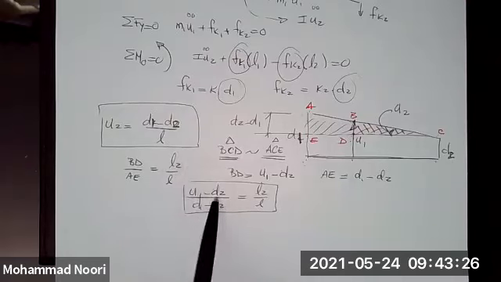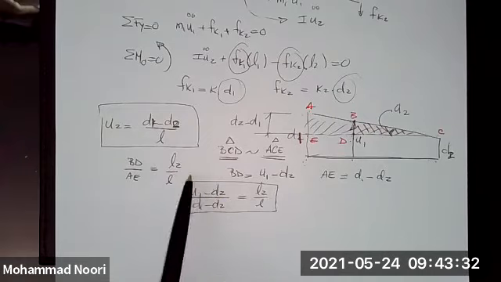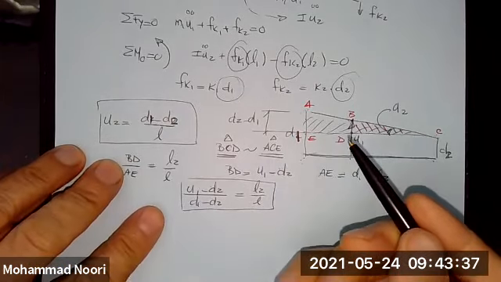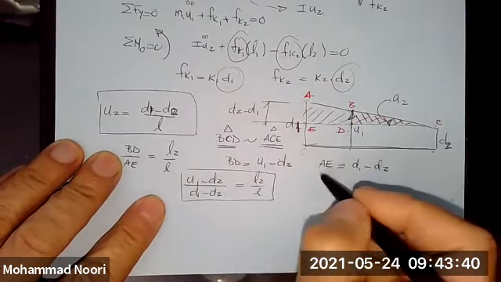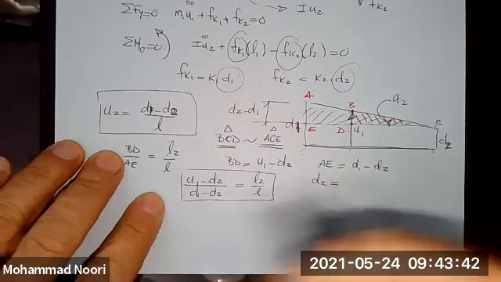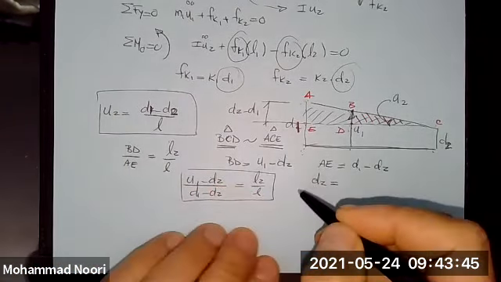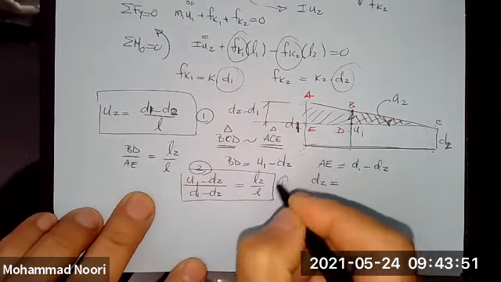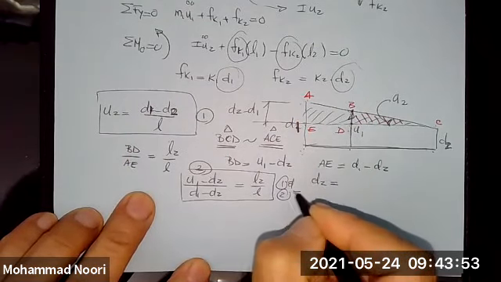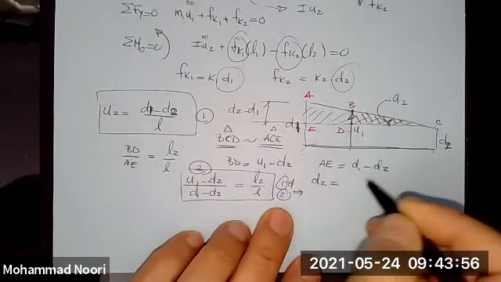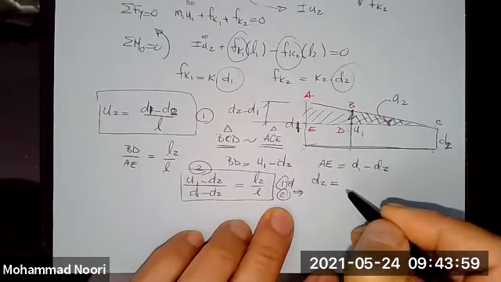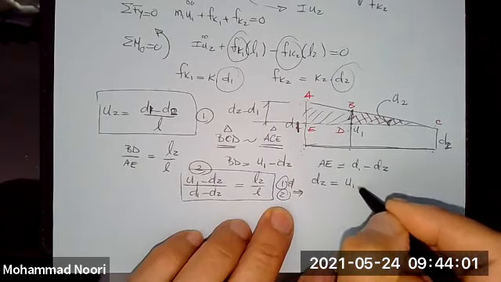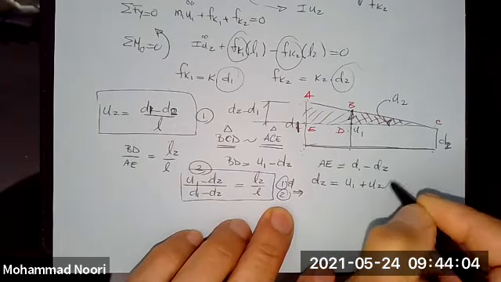So you have two equations and two unknowns, meaning D1 and D2, that you want to find in terms of U1 and U2. I'm taking equation 1 and equation 2, and solving them for D1 and D2. D2 comes out to be U1 plus U2 L2.